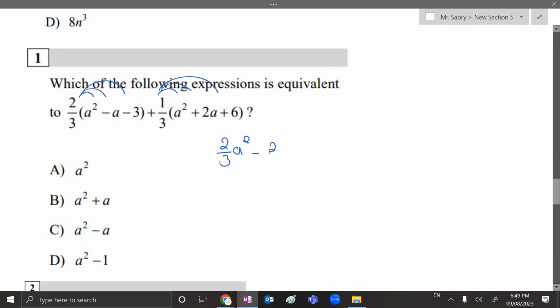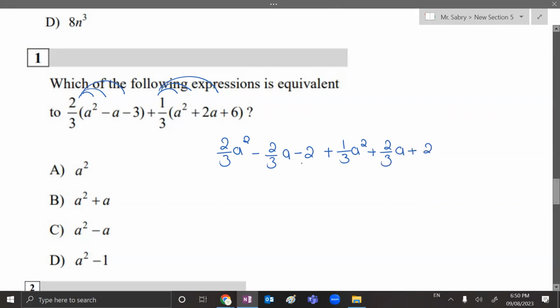And then minus 2/3a. And then 2/3 times -3 on the calculator is -2. Now I can remove the brackets. There's no need for them anymore. And then plus the 1/3 times a power 2, again there's no need to put the brackets. 1/3 times 2 will become 2/3a. 1/3 times 6 will become 2.